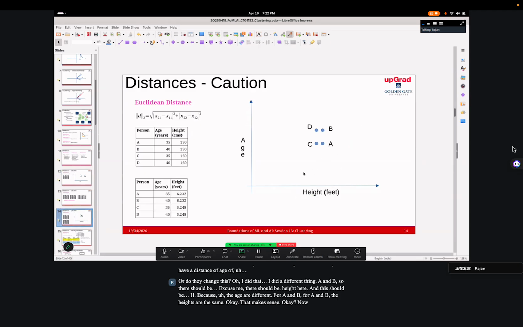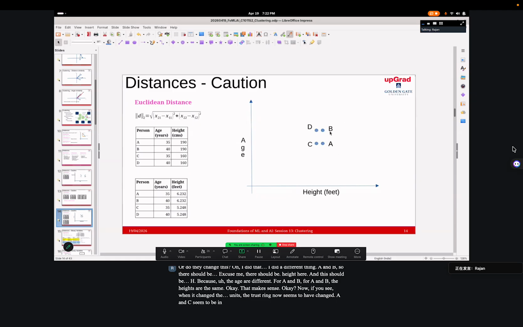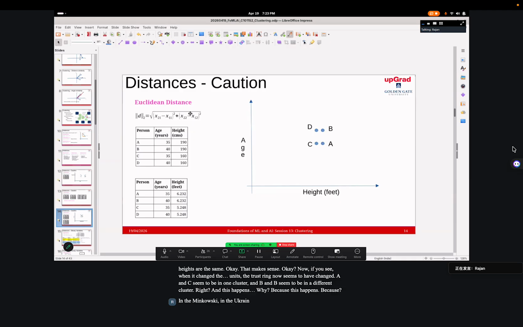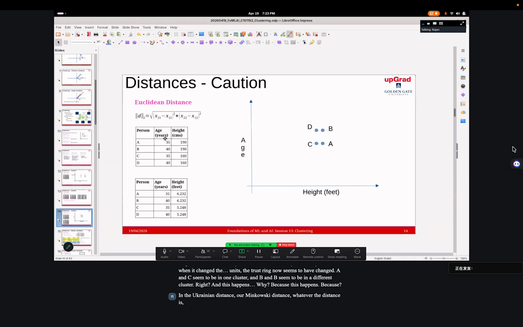Now, if you see, when I change the units, the clustering seems to have changed. A and C seem to be in one cluster, and B and D seem to be in a different cluster. Why does this happen? Because in the Euclidean distance or Minkowski distance, whatever the distance is, we are adding variables of different units.